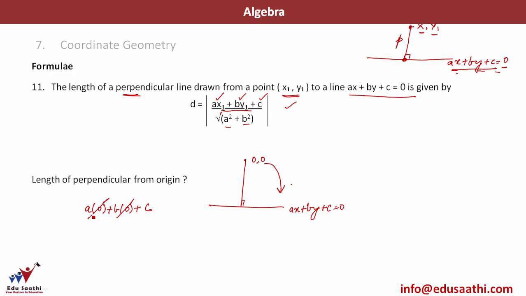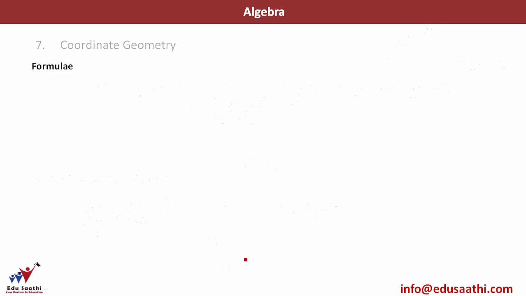This term will give me an answer of 0. The only thing that I will be left with would be c divided by the square root of a square plus b square. So the length of the perpendicular from origin is given by modulus of c over the square root of a square plus b square. That is the length of the perpendicular from origin.